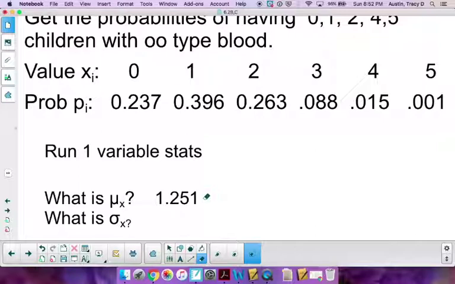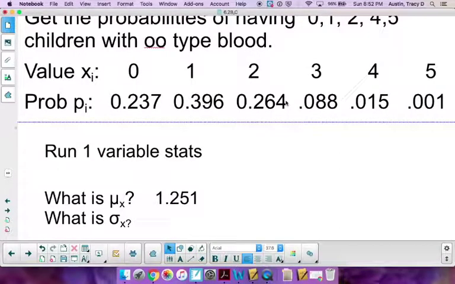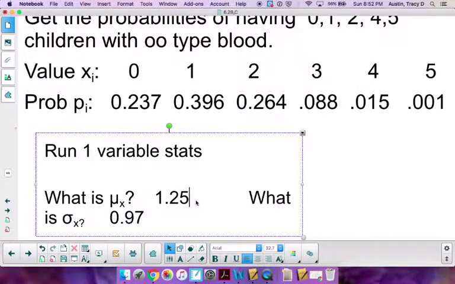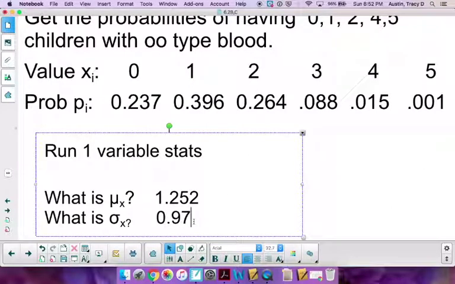Oops, I made a mistake. That should be 1.252, shouldn't it? Let's make sure I have my numbers right. 0.237, 0.396, 0.263. No, that should be 0.264. That was my mistake. Okay, 0.264. So that should be 0.252. And rounding to 3 decimals on that one.